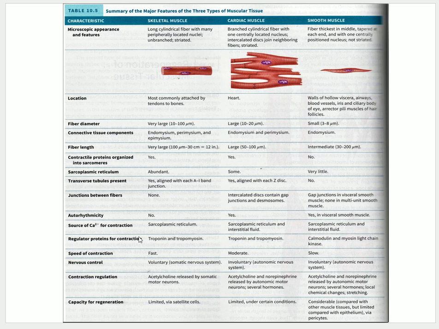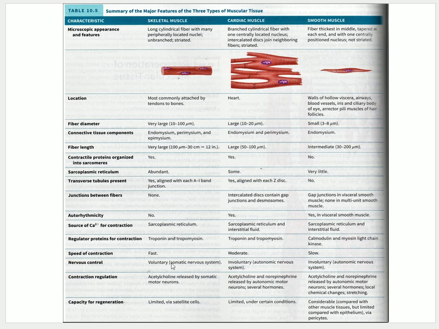Let's see. Regulatory proteins for contraction. For skeletal and cardiac, we have troponin and tropomyosin. And then for smooth, we have something a little different called calmodulin and myosin light chain kinase, which we are not going to talk about here. And then nervous control.